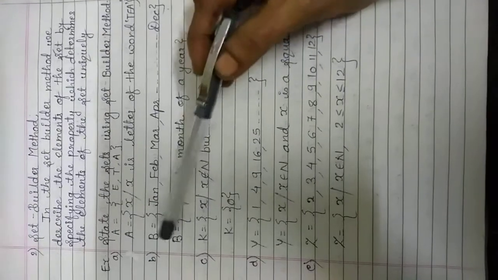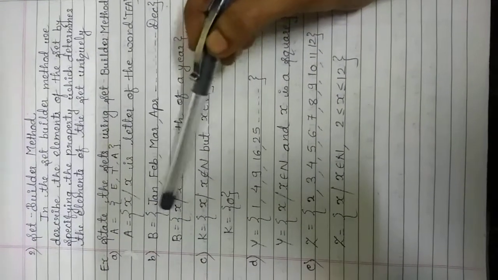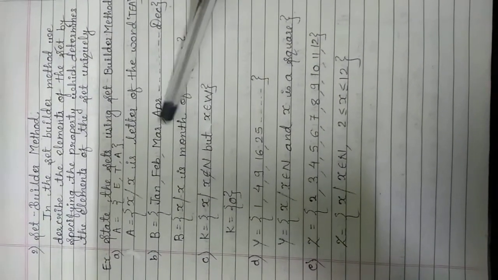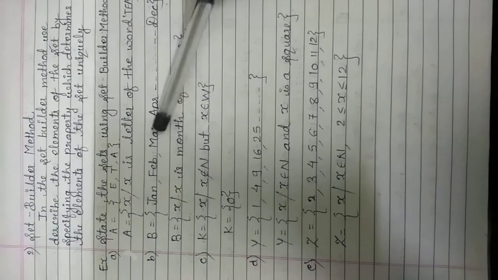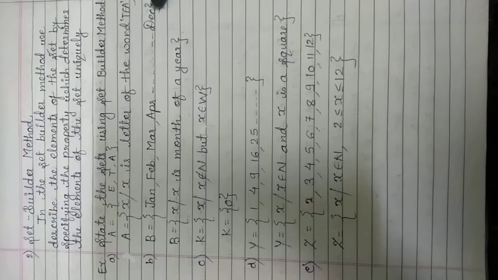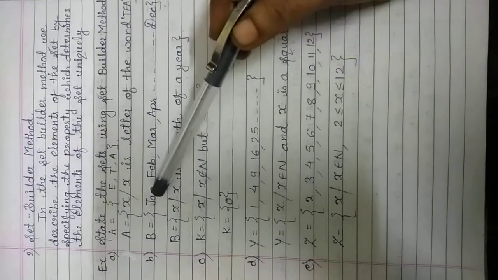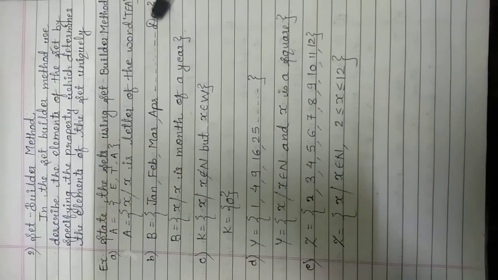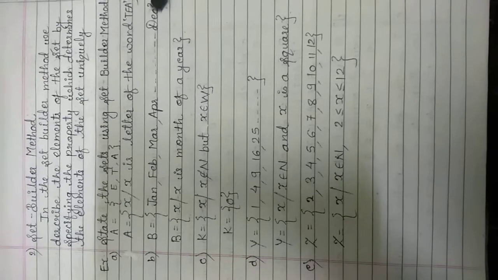Now for example, second, B is equal to Jan, Feb, that means January, February, March, April, May, and so on up to December. Everyone knows that these are nothing but the months of a year.